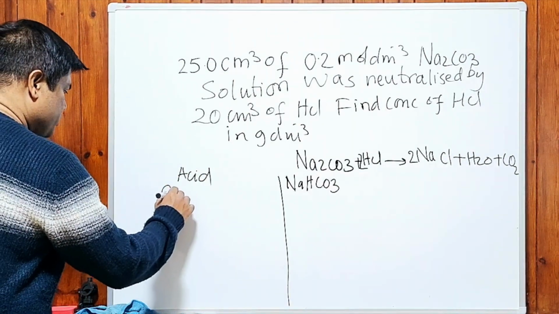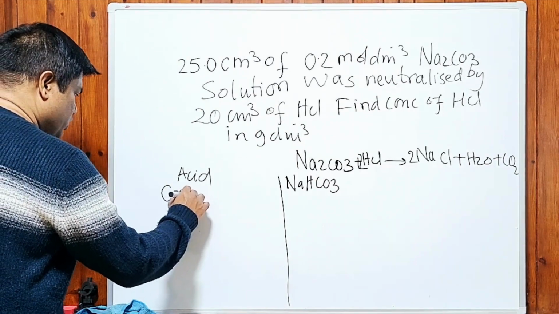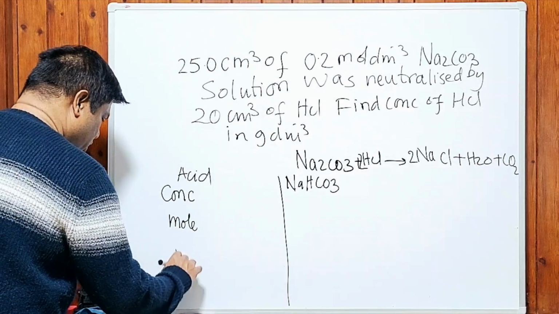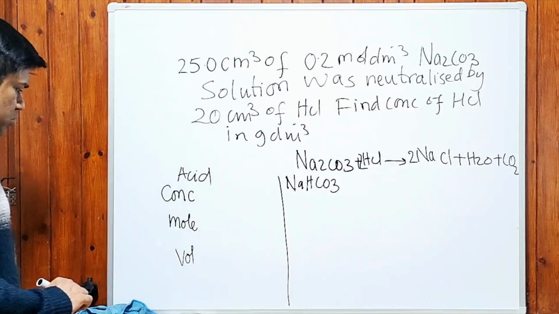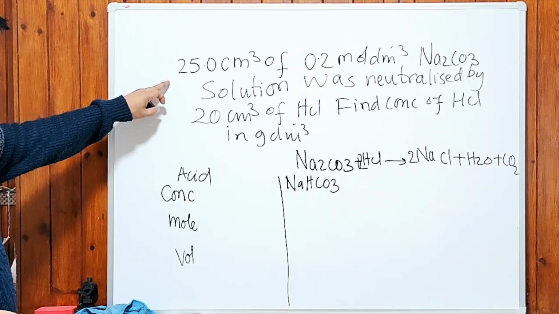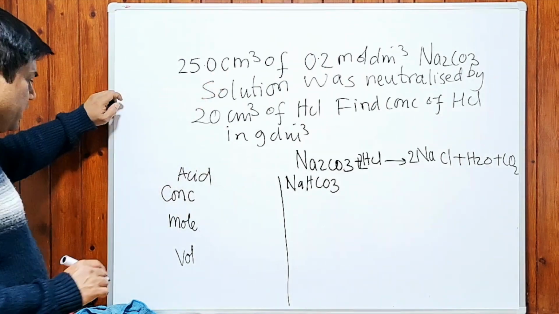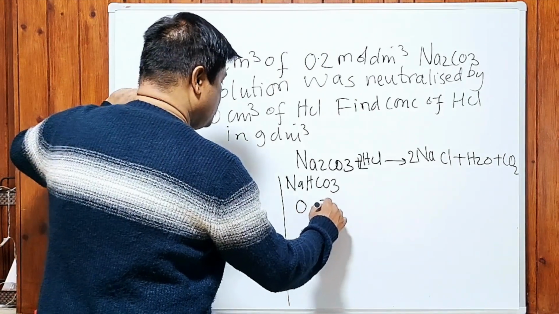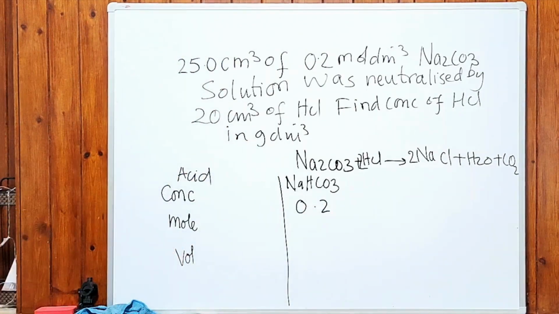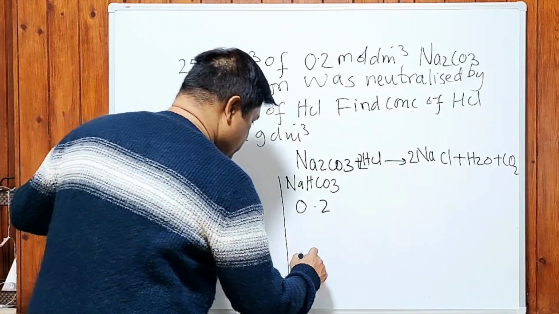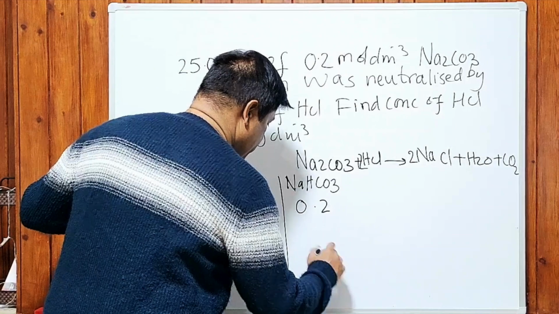I always told you, use the concentration in mol dm^-3 for both. The concentration of sodium carbonate is given, which is 0.2. And the volume of the sodium carbonate is given, 25 cm^3.